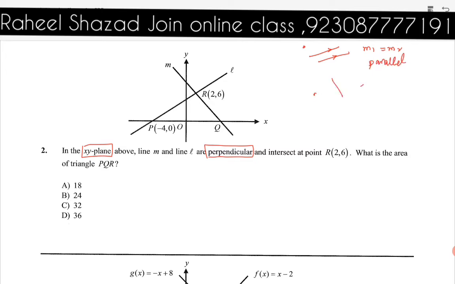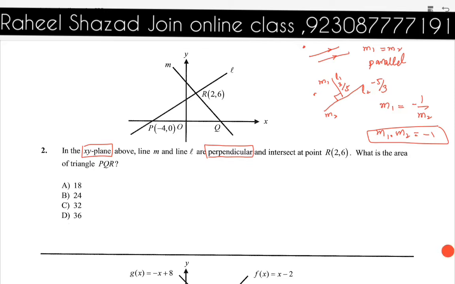And if two lines are perpendicular, like this is line 1 and this is line 2, with gradients M1 and M2, then M1 will always be equal to the negative reciprocal of M2, or M1 times M2 must be minus 1. The product of gradients is always equal to minus 1. For example, if this line has gradient 3 by 5, the other will have minus 5 by 3. It's the reciprocal and negative.